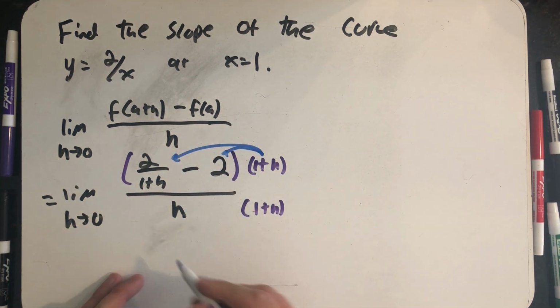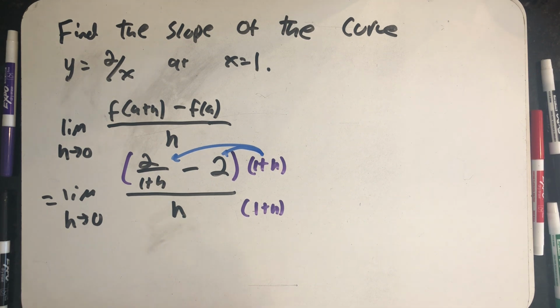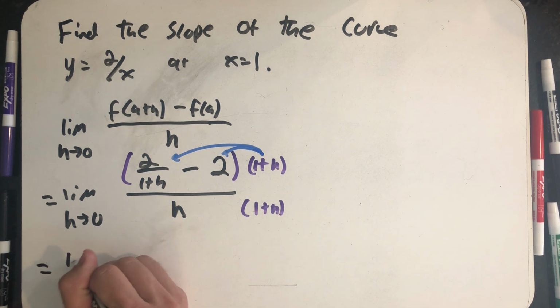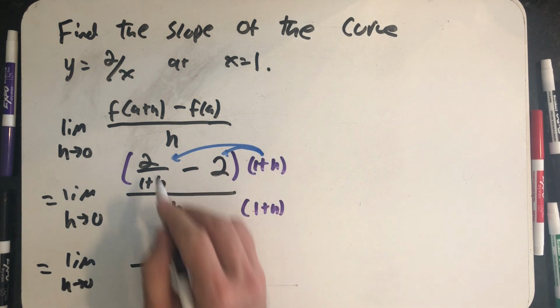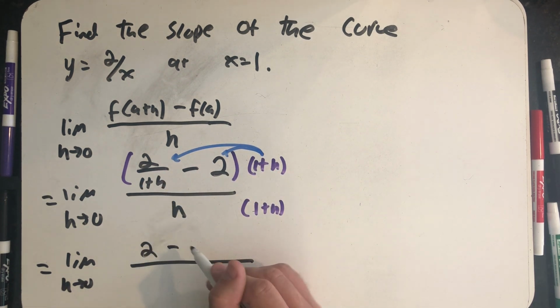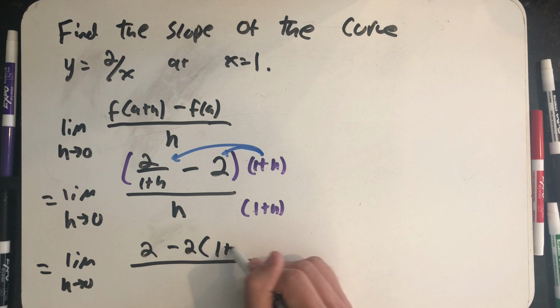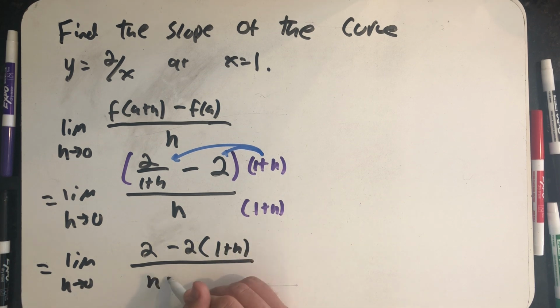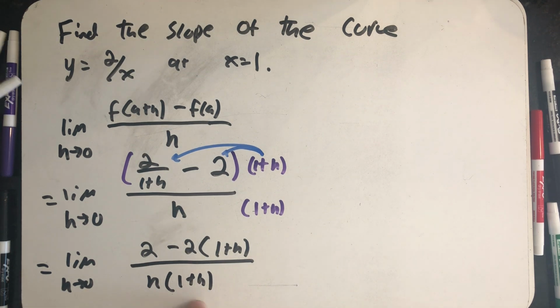I need to distribute on the top, still taking the limit as h approaches 0. Here the 1 plus h is canceled, and here I have minus 2 times 1 plus h, and on the bottom, h times 1 plus h. Notice I didn't multiply that out.